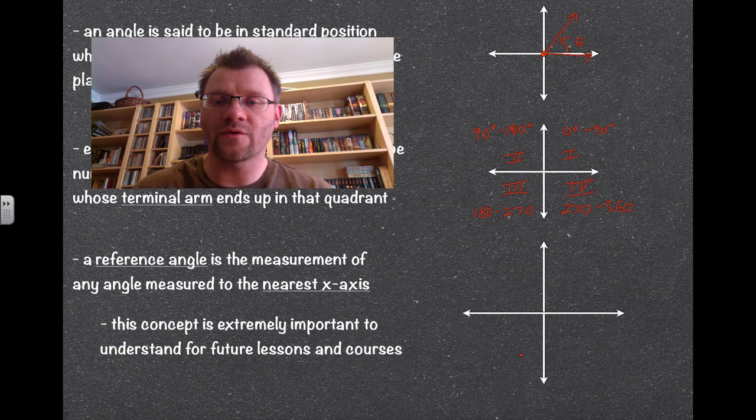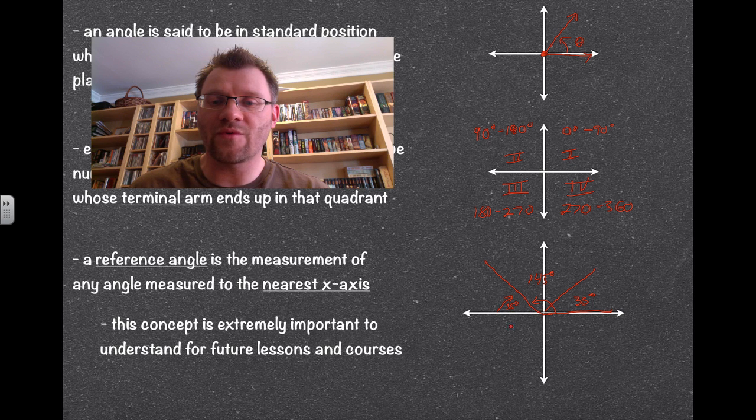So here's our coordinate plane again. So if I said that this angle that I'm drawing right now had a 35 degree angle, then I could draw another angle over here in the second quadrant where this is 35 degrees. And that would be 180 minus 35, which would be a 145 degree angle.